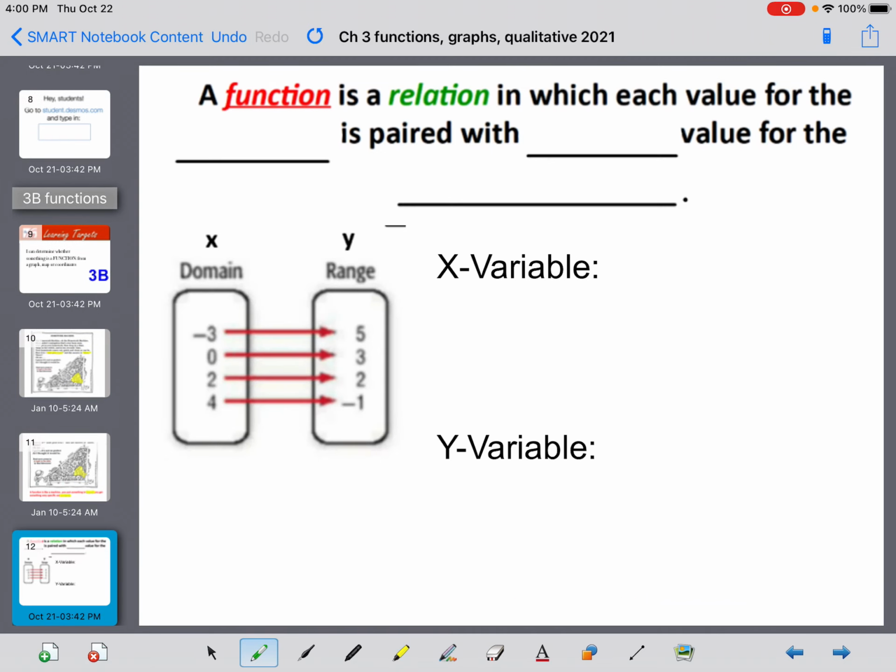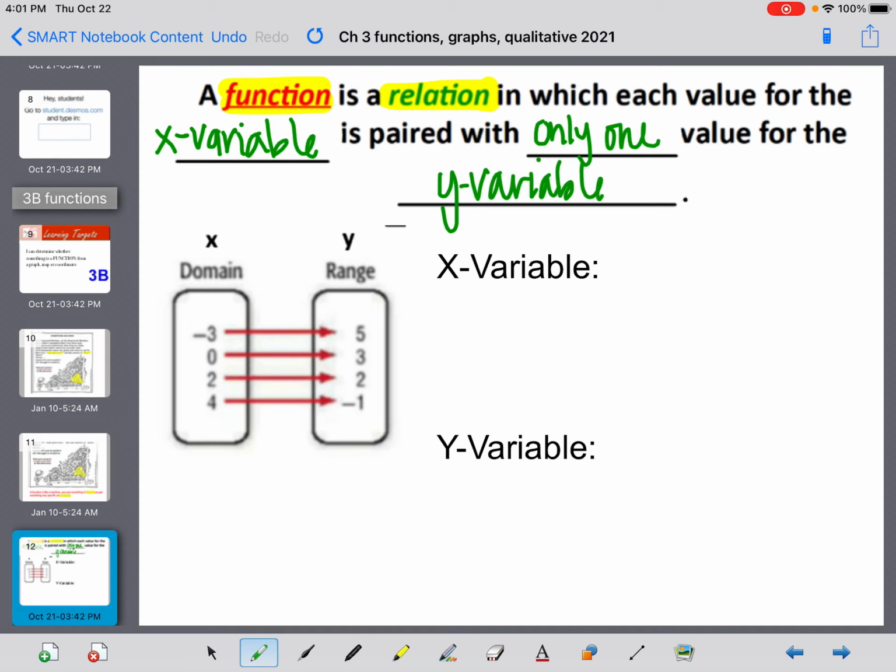Okay. So a function, here's some really good vocabulary. Make sure you're filling in your notes. A function is a relation or a relationship, right, in which each value for my x variable is paired with only one value for the y variable.